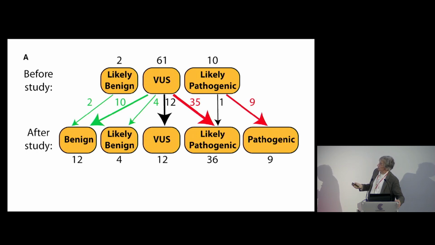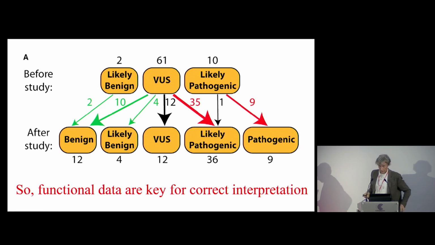If you have a VUS that shows clear loss of function characteristics, then you can upgrade that variant to likely pathogenic. If it stays there, that's a minority, and some are even put back into the benign category. So you can conclude from this that functional data apparently are key for correct interpretation of the effect.